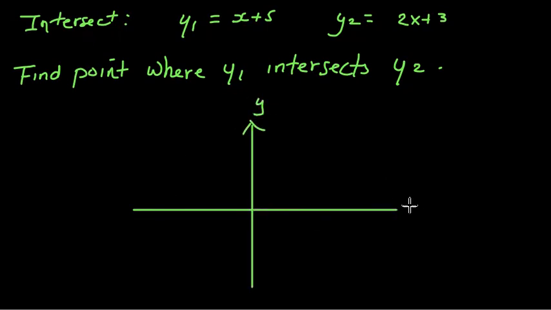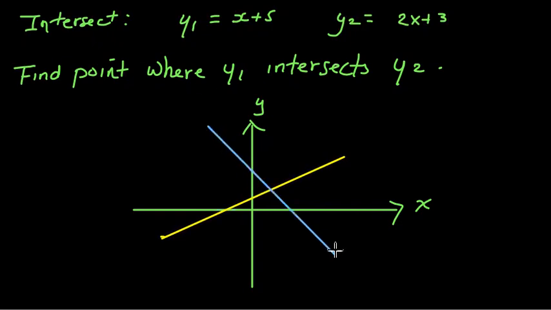You know this is y, you know this is x. And you have a line that goes like this, and you have another line that maybe goes like that. That's for argument's sake. So these are two lines, and you have a point somewhere on there where these lines intersect.